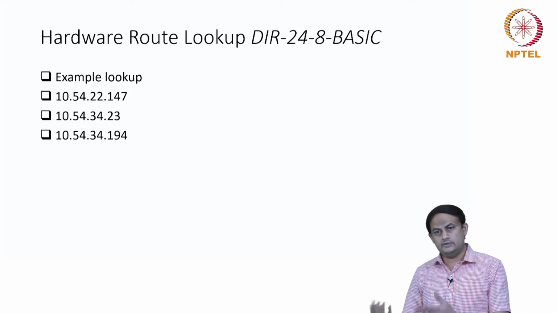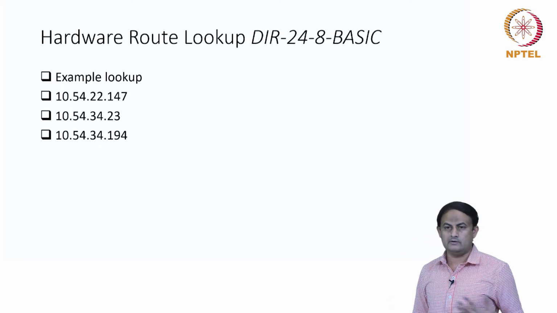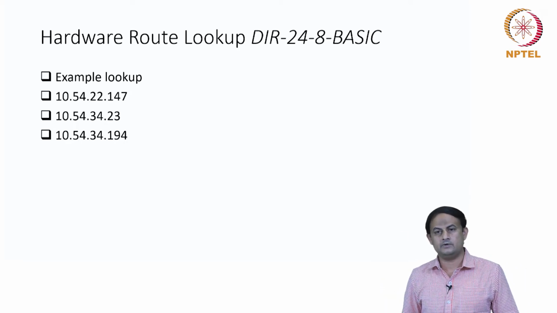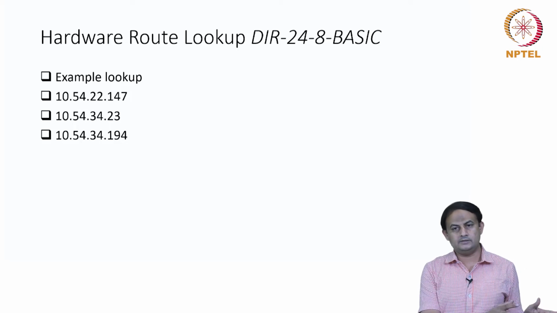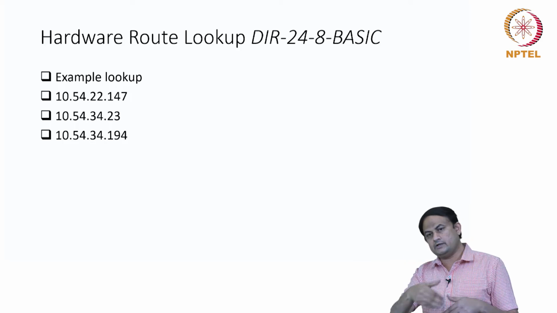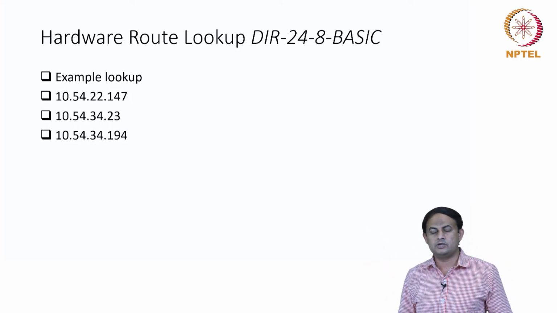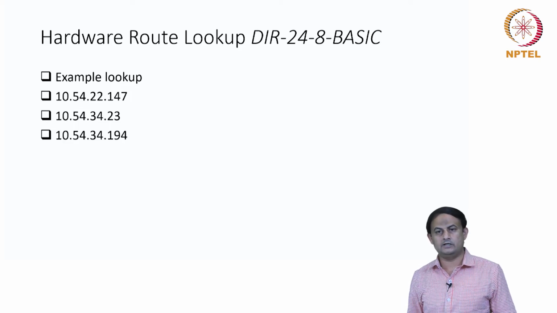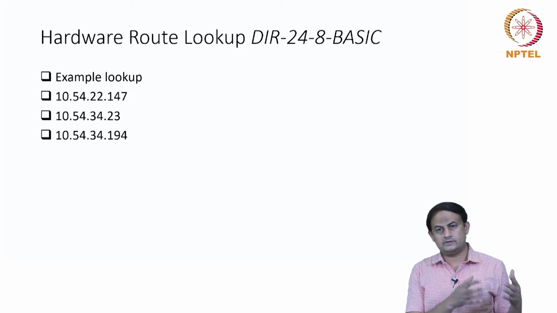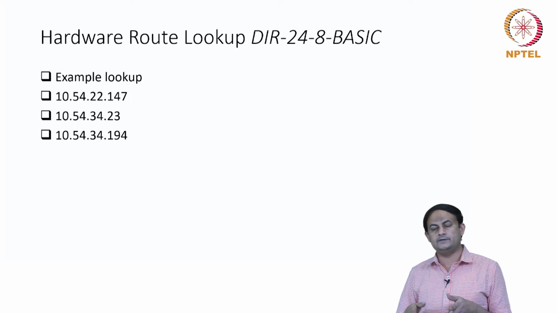And if the prefix is more than 24 bits, then the second level table reference, or memory reference, is required, and that is indicated by writing 1 in the first column. And then for every entry in the first table memory reference, you have got 256 entries in the second level table. So if the entries are representing less than 24 bits, then the port number information is kept in the third column.